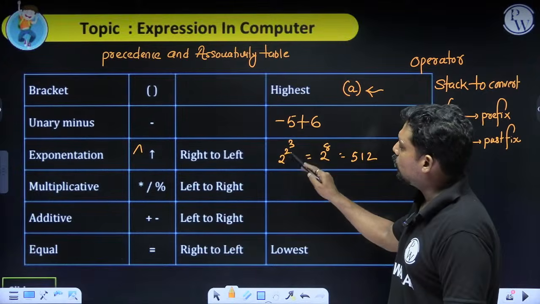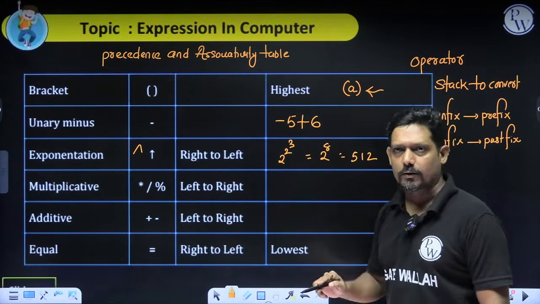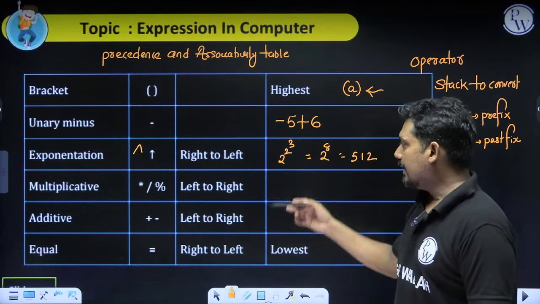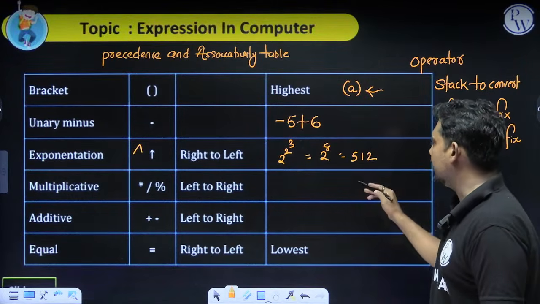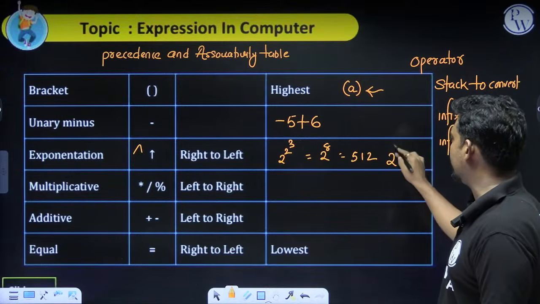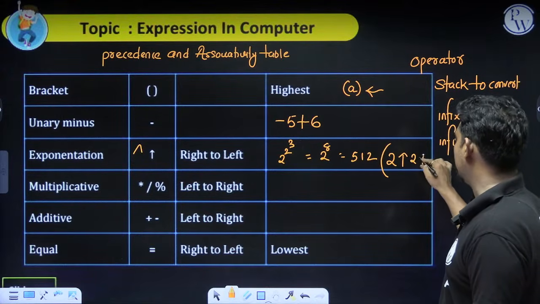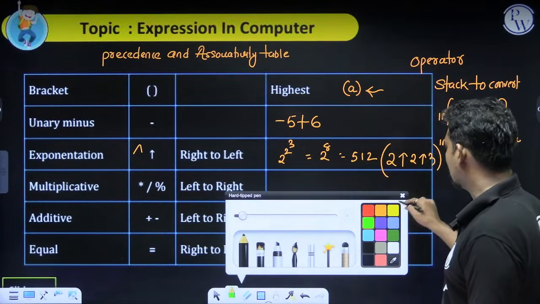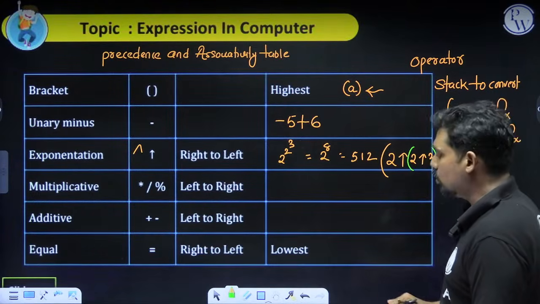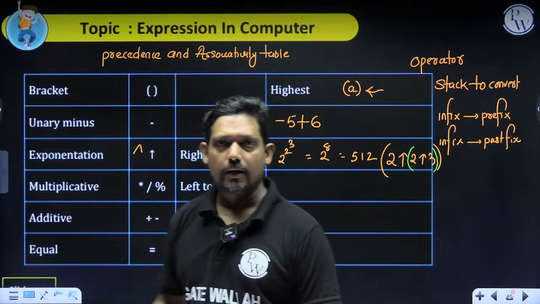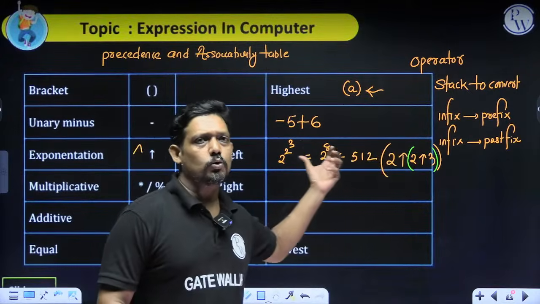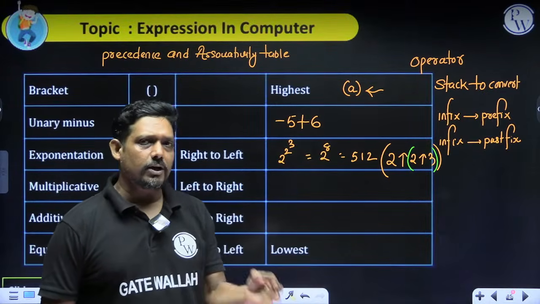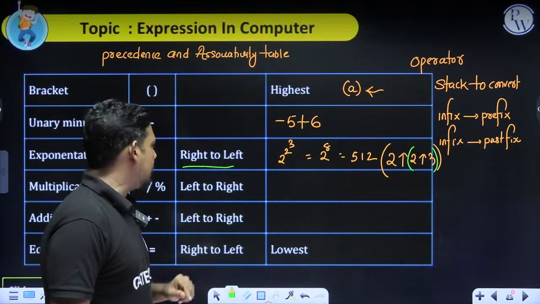You never do 2 to the power 2 first, then 4 to the power 3. We never do it this way, it's wrong. That is the meaning of being right associative: if you have 2 exponentiation 3, the first thing you need to do is this operator, 2 exponentiation 3, and then you do this part. So 2 to the power 3 first, and then 2 to the power 8 is 512. That is right to left.